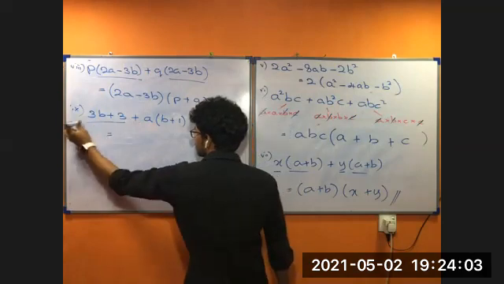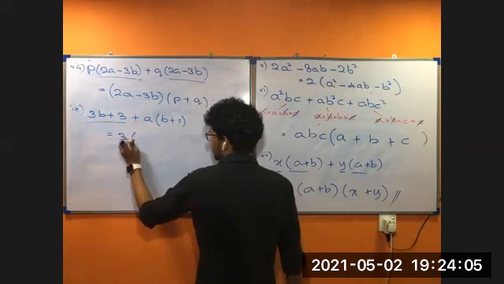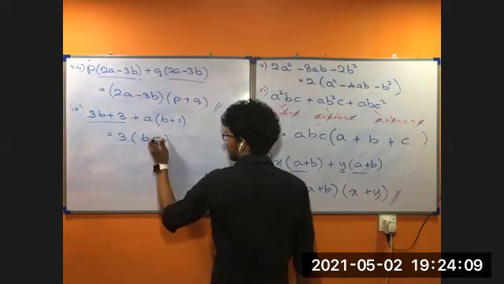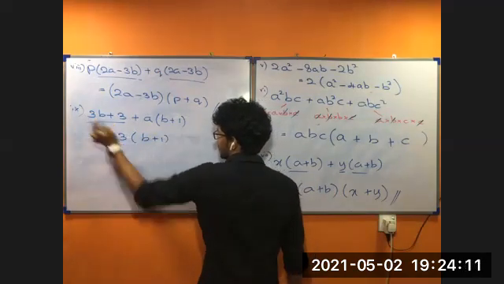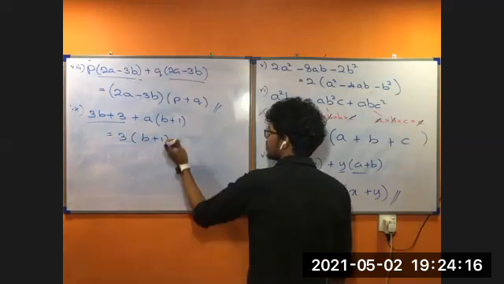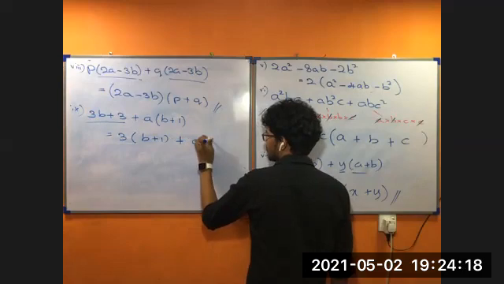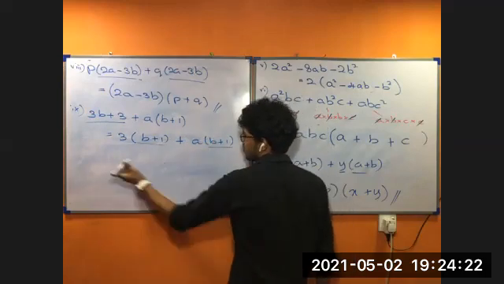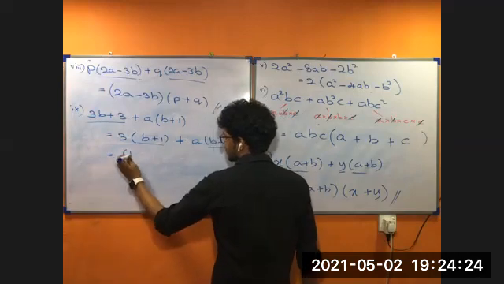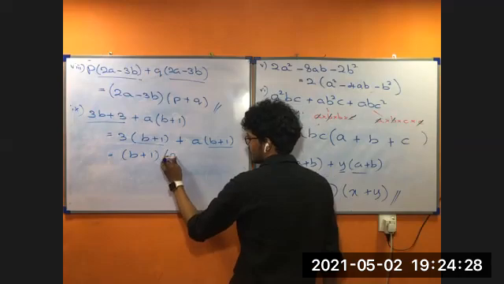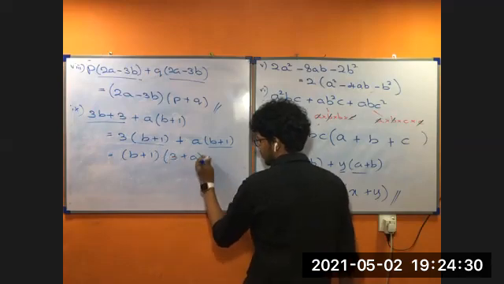So when I take a 3 outside, I have b and plus 1, right? From this term, I take 3 out, and from this one, I take 3 out. So it is going to be b plus 1. Then plus a times b plus 1. So again, same term, same term. So I'm going to take b plus 1 outside. When I take b plus 1 outside, what is remaining? 3 plus a. Perfect.